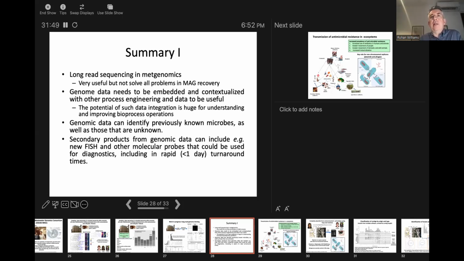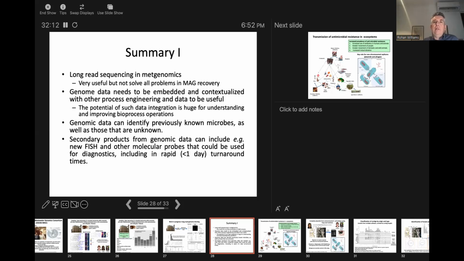Genome data can also identify previously unknown microbes. I think there are massive advances that have been made in this problem in the last 5 years due to some of the new bioinformatics techniques that have been developed. And secondly, and the consortium will also focus on this, is what secondary products can be obtained from this genome data.